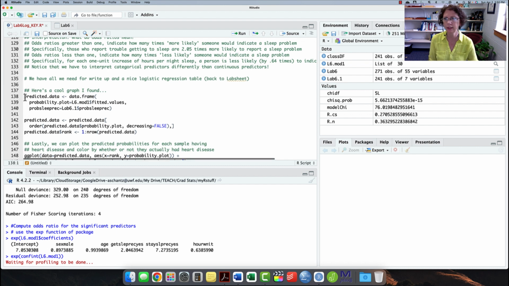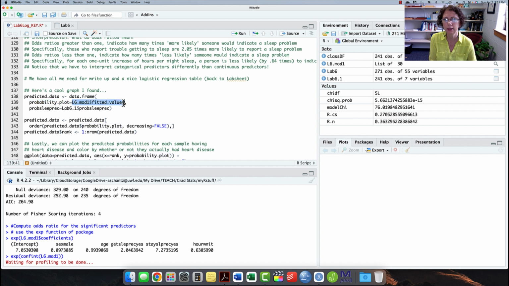What I'm doing is making a new item in the environment called predicted data. Again, you can call it anything you want. And it's being assigned by making a new data frame. And the variables in this data frame are going to be one called probability plot. Again, you can name it whatever you want.